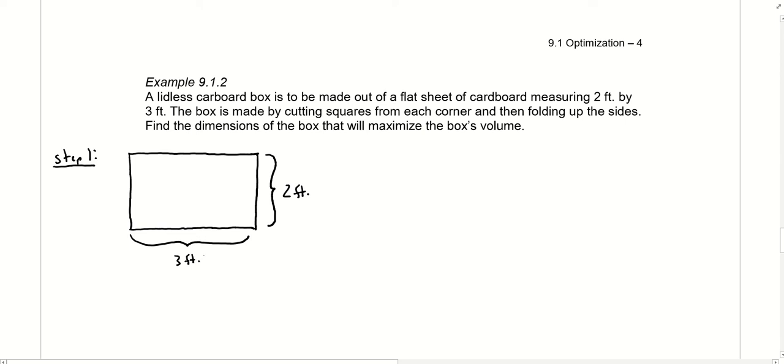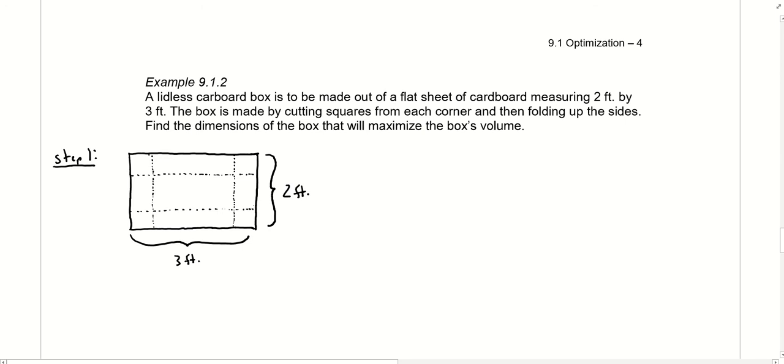Okay, so now the way that this box is going to be created from this flat sheet is we're going to cut corners out of this sheet. So if I think about just folding this box here, see if I can draw this. Something like this.